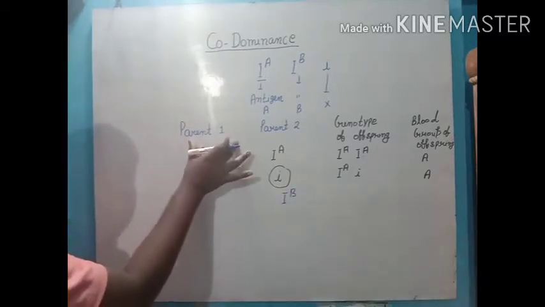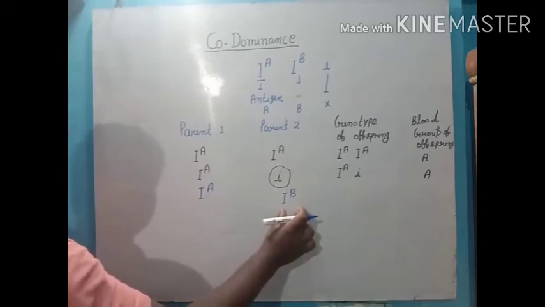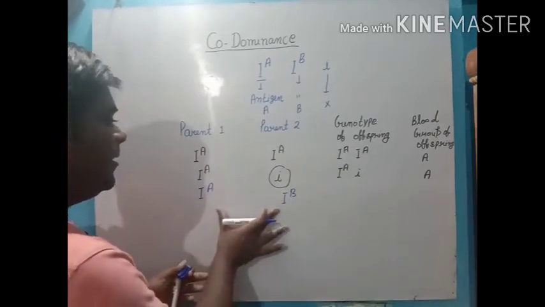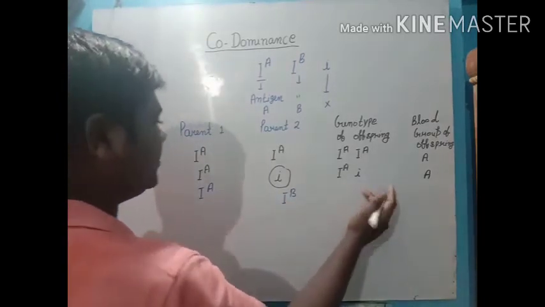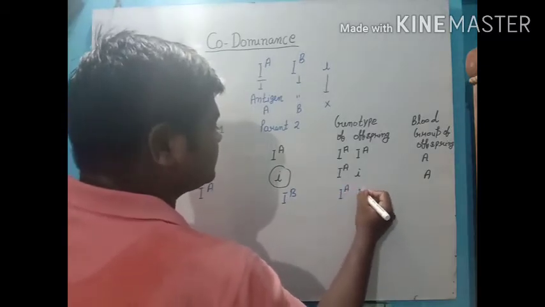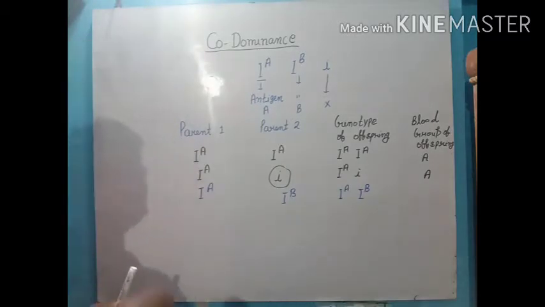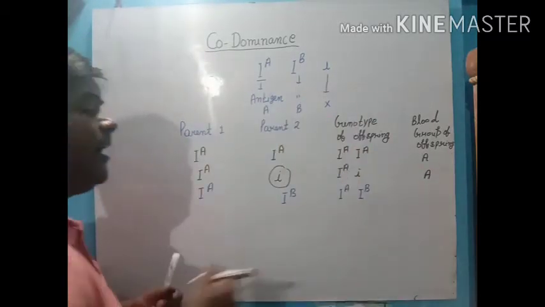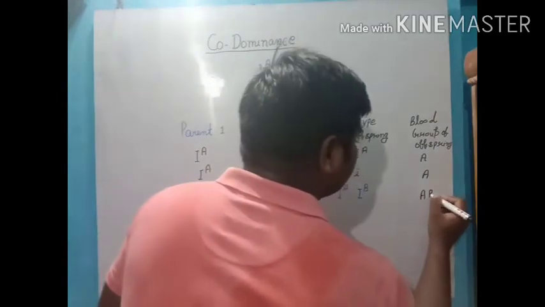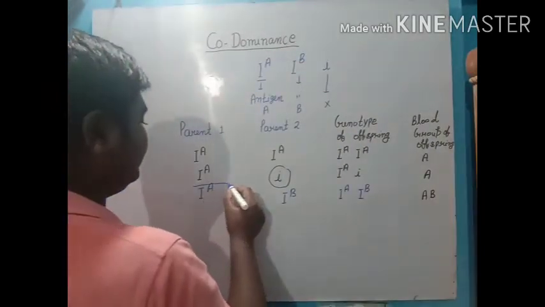Whenever we have genotype, parent A is having this allele and parent B is having this allele. When they are mating, we will have the formation of the genotype of offspring. And then which kind of blood group are the offspring having? You can see that we have a change.